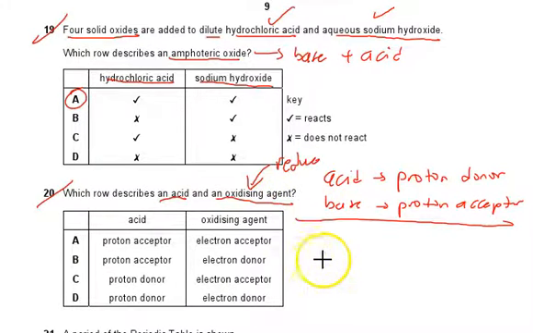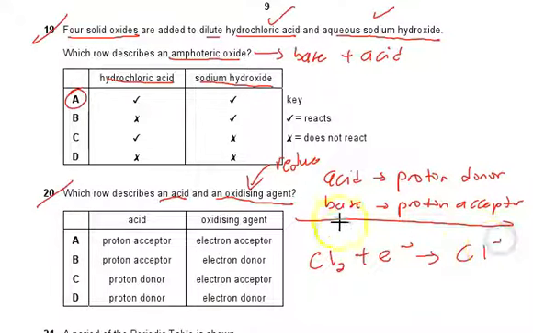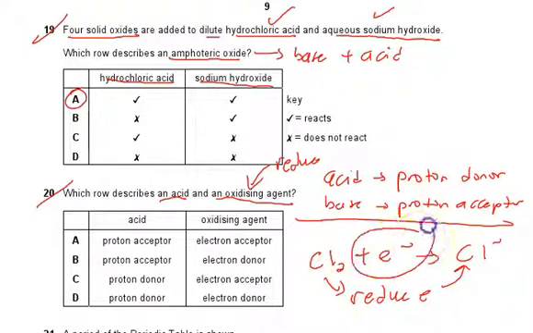Okay, example, we have chlorine, and then it will accept electrons to form chloride ion. So this is a reduction, right? It is reduced. So what happened here? They will accept the electron. So your best answer here will be, acid is a proton donor, and oxidizing agent here will be electron acceptor. So your answer here will be C. Alright, so this is for number 20.